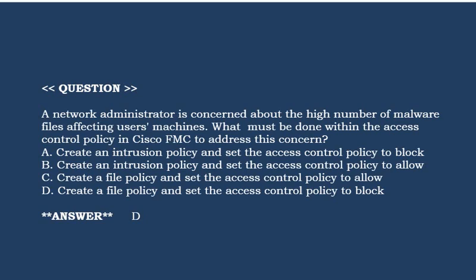Option B. Create an intrusion policy and set the access control policy to allow. Option C. Create a file policy and set the access control policy to allow. Option D. Create a file policy and set the access control policy to block. Correct answer is option D.